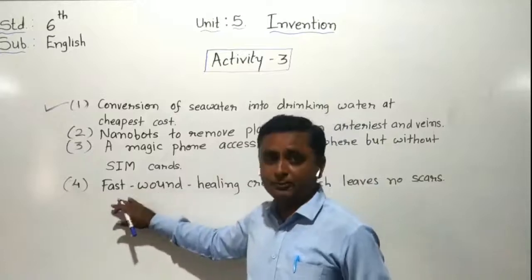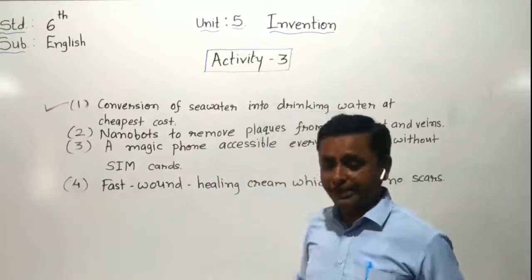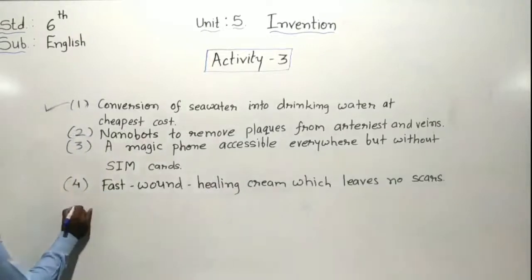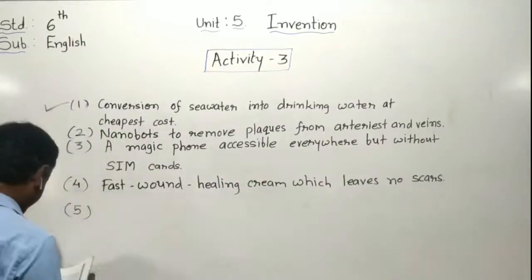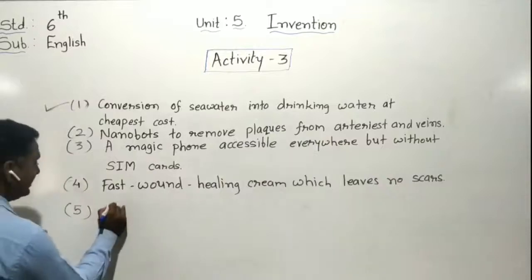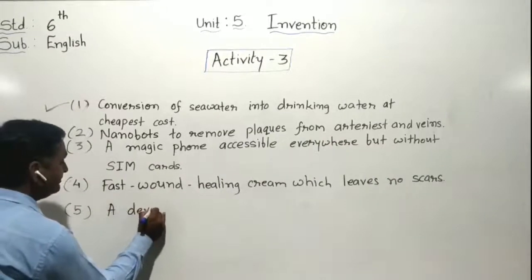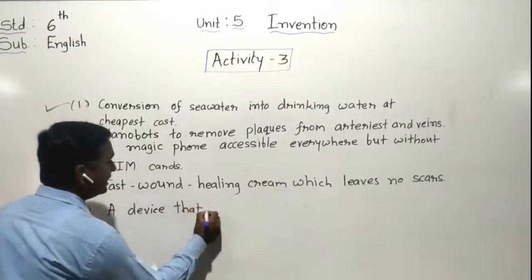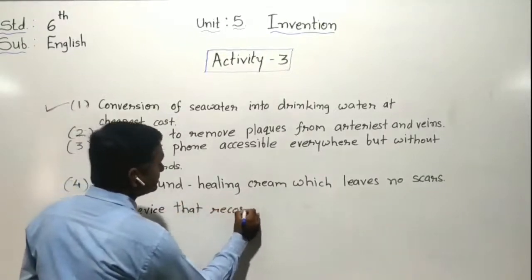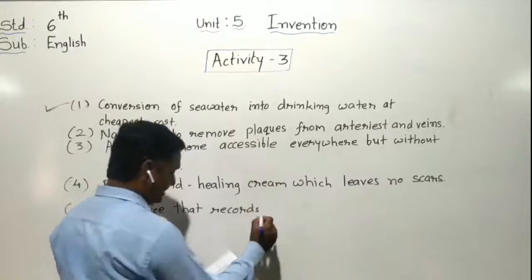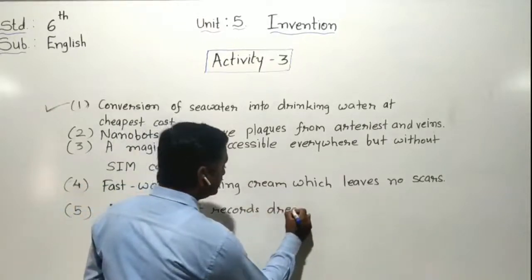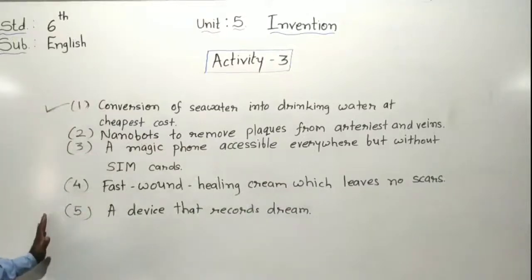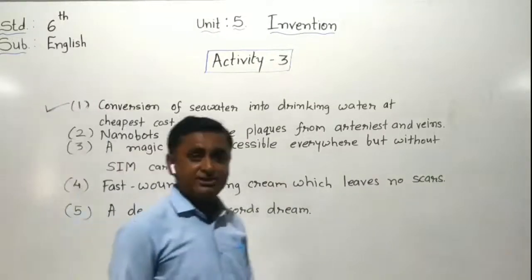It's the fourth problem, and for that we have to find an invention. And the fifth problem, number 5, is our problem: a device that records dreams. So here I write 5 problems. Okay, the 5 problems list is here.